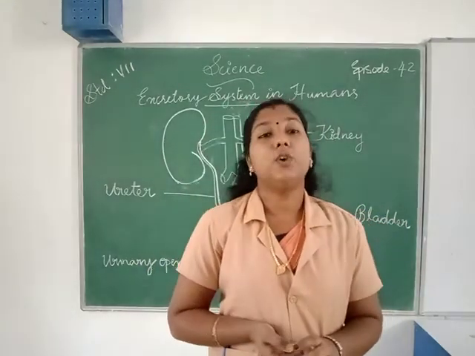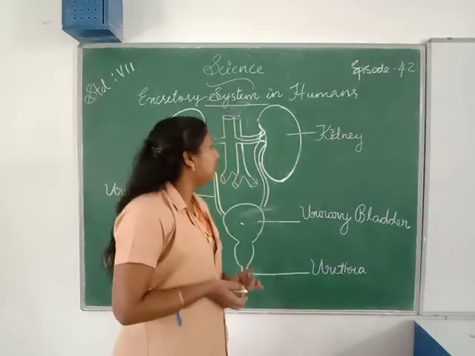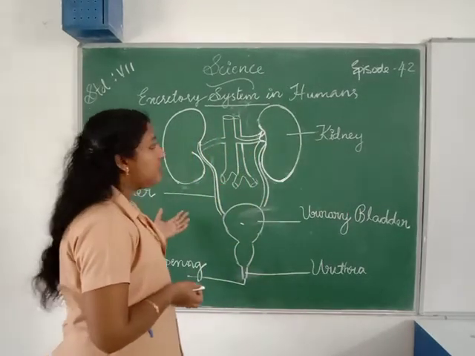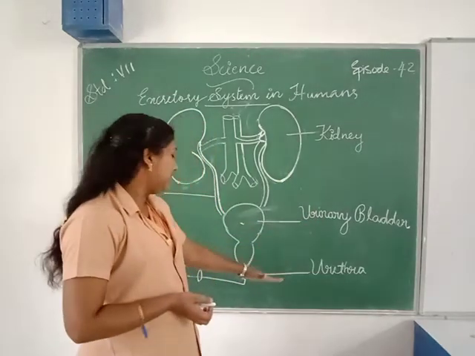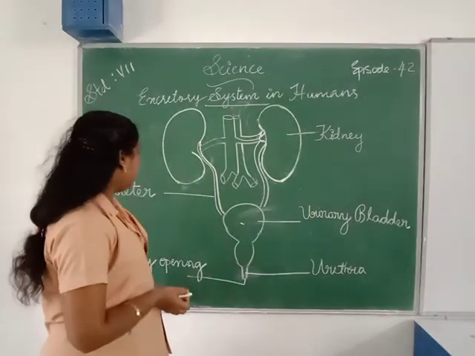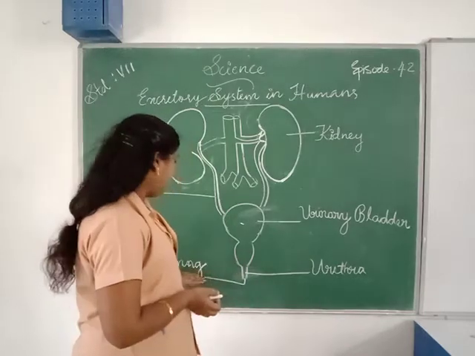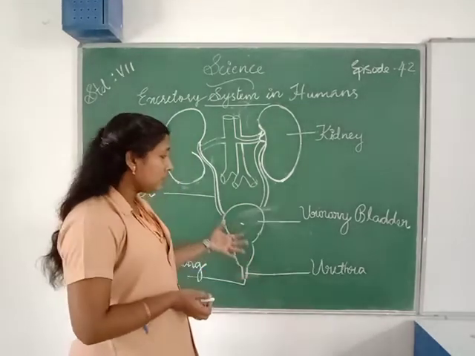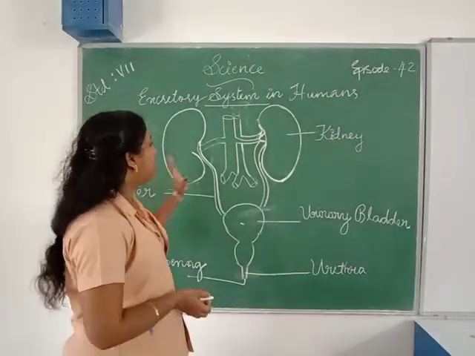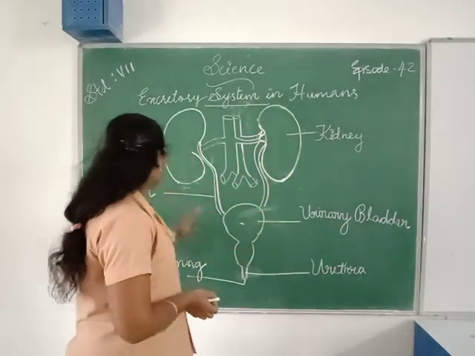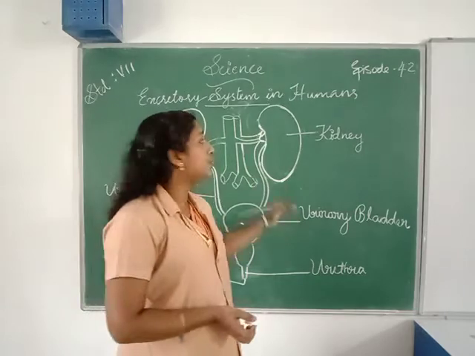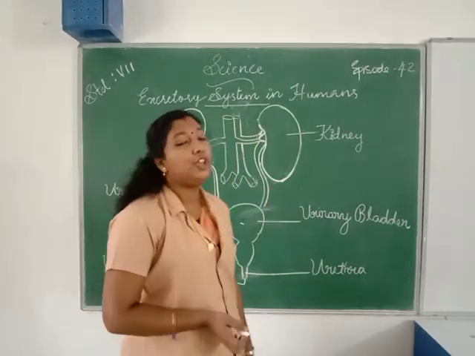The excretory system in humans consists of different parts: kidney, urinary bladder, urethra, ureter, and urinary opening. These parts constitute the excretory system in humans.